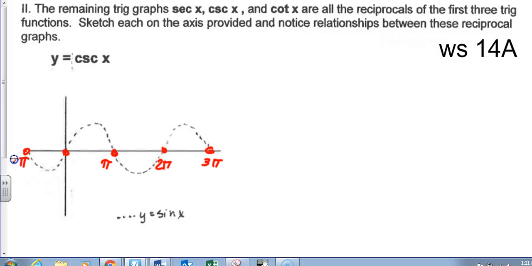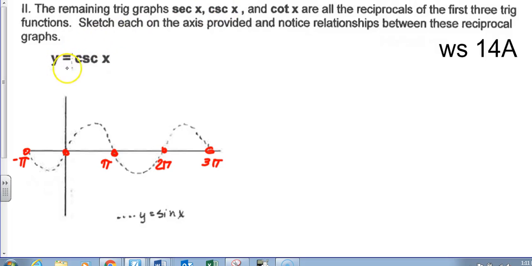What are those places going to become if we're talking about a reciprocal? If those were 0, what happens when we do the reciprocal? What's the reciprocal of 0? When the 0 moves to the denominator, it's undefined.